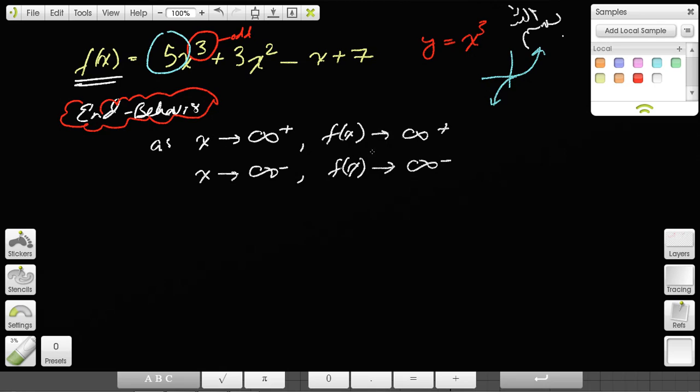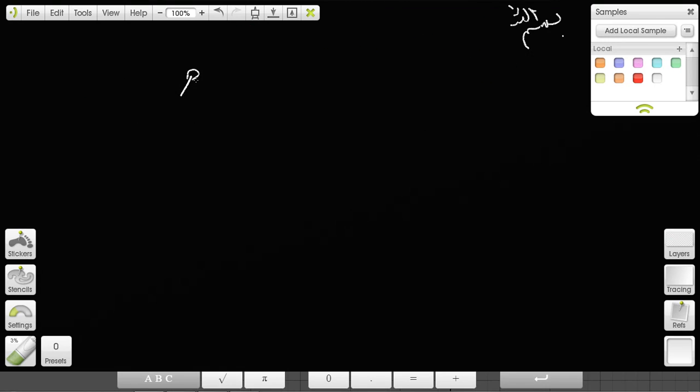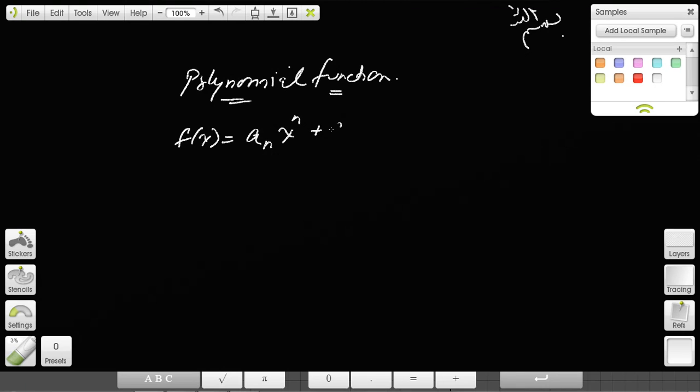Okay, so in summary, what did we learn? We learned what polynomial functions are, and we described a generic way of writing polynomial functions such as this, a_n x to the n, and so on, plus a0.